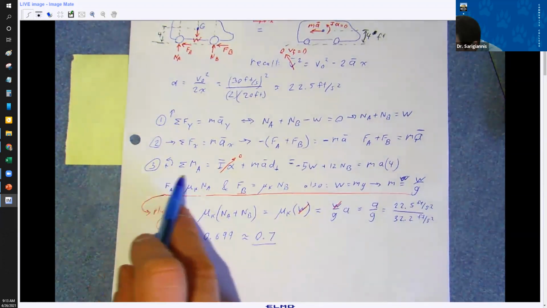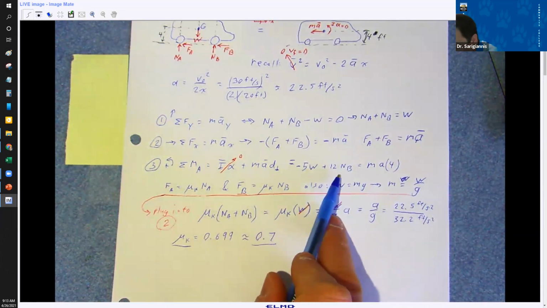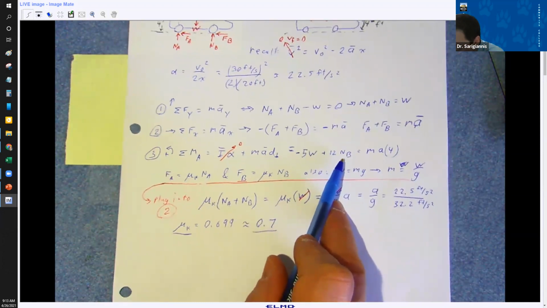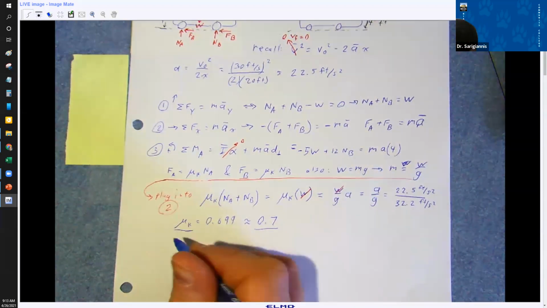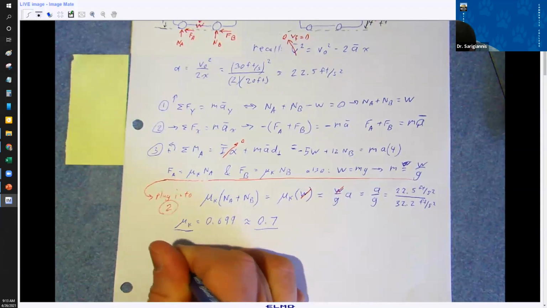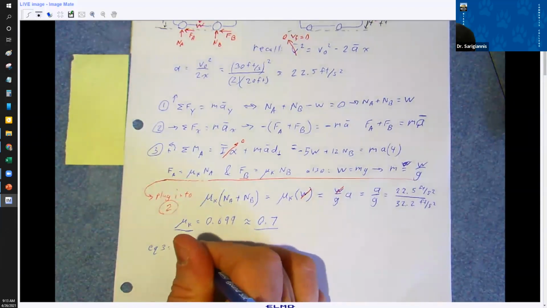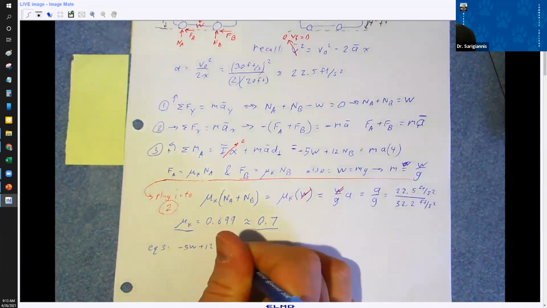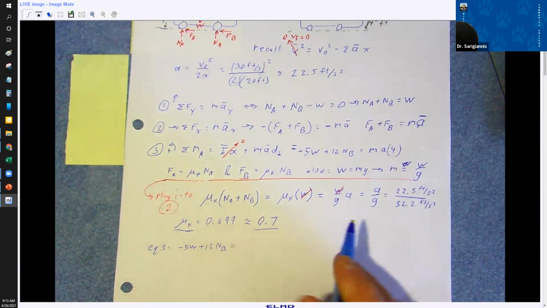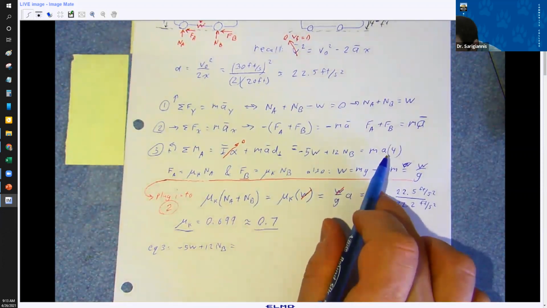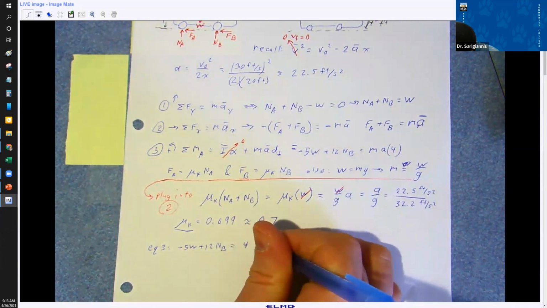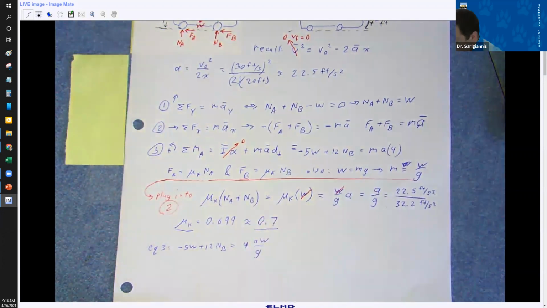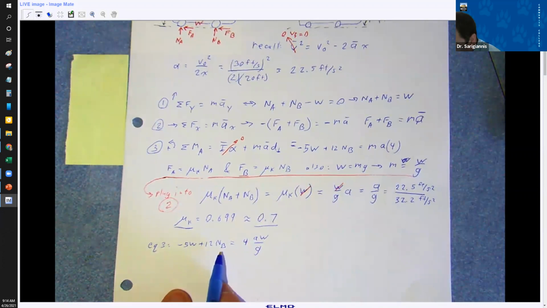Now let's look at equation 3 here. And let's put some information in, or let's rearrange that. I'm going to substitute in for weight. So let me just write this again. Equation 3, we've got minus 5W plus 12NB equals. So we're going to replace the mass here with W over G. So I've got 4AW over G. I want to solve for the normal force, right?